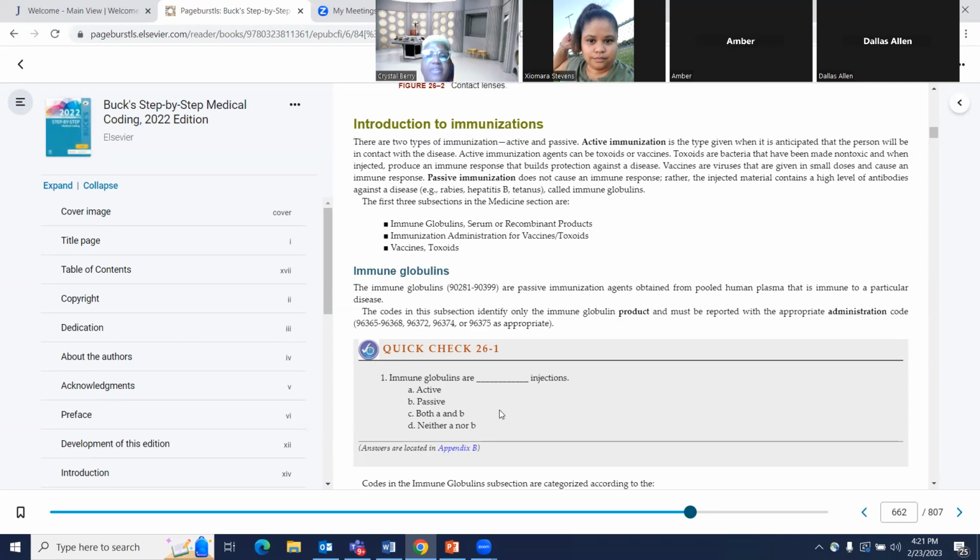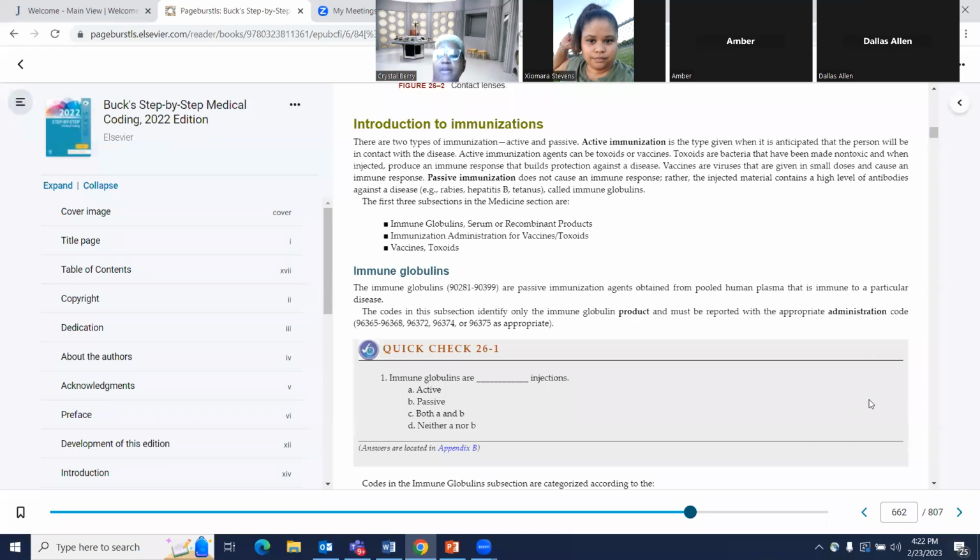And it's passive, and it states up here: passive immunization does not cause an immune response. Rather, the injected material contains a high level of antibodies against a disease, for example, rabies, hepatitis B, tetanus, called immune globulins. So the answer is B, passive.